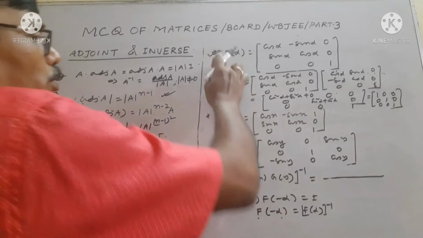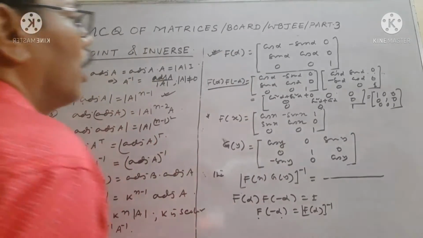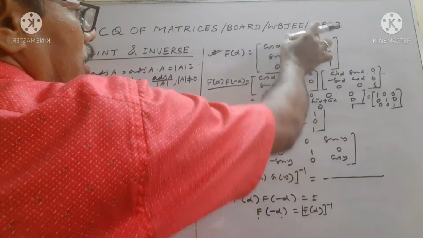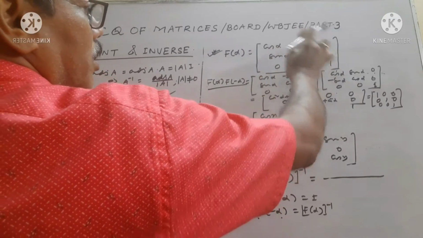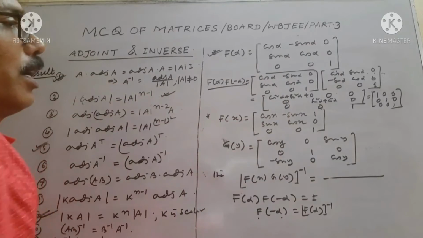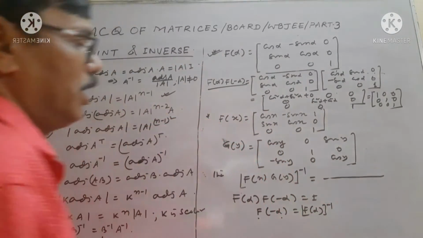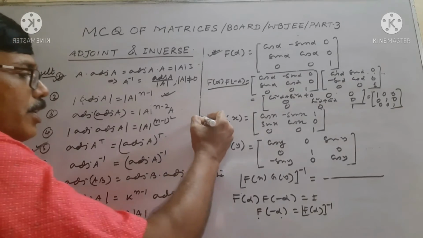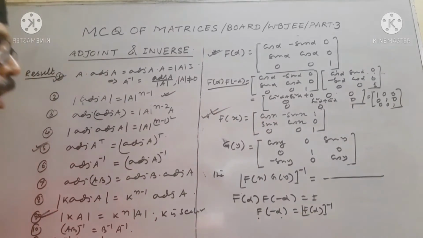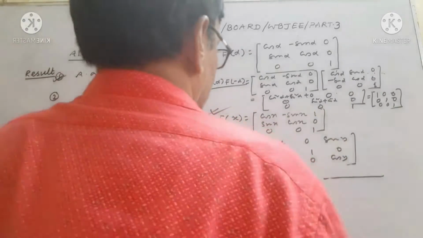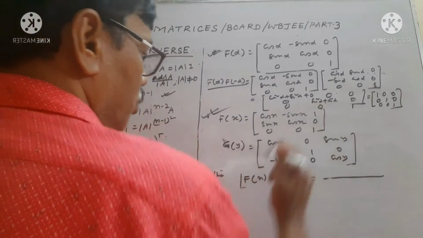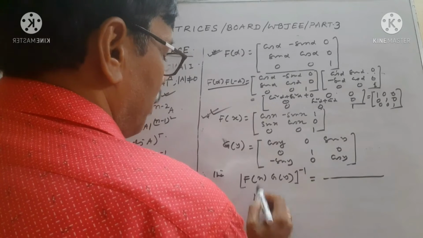This should be noted. Look at the interesting property. If we take the second order matrix taking this one, the value is 1. Here also the value is 1 in each case. Next, the second one, F alpha equals this. We already have F of x.